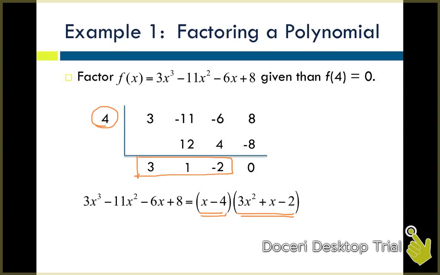Remember that we're always going one less degree than what we started. So if I started with a third degree, then this is going to be a second degree. So I've got my 3x squared, my plus x, and my minus 2 as the other factor.